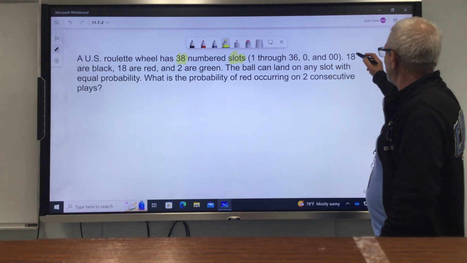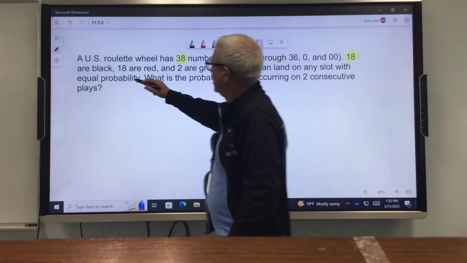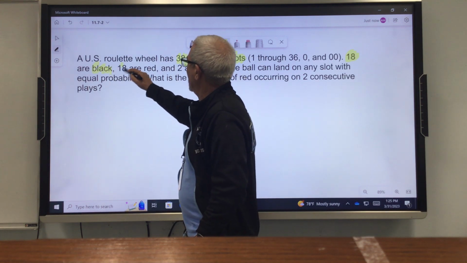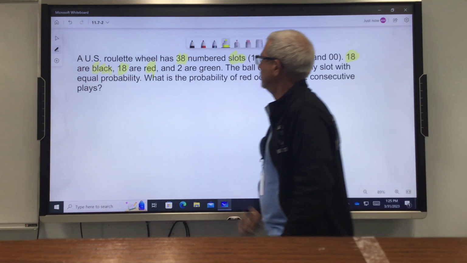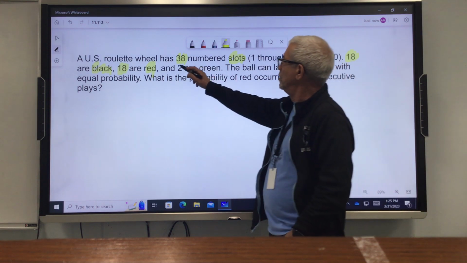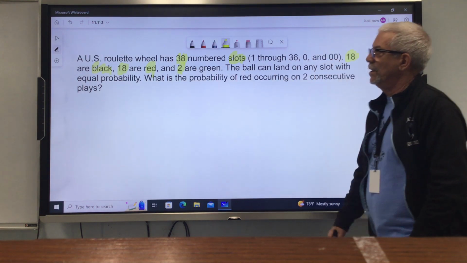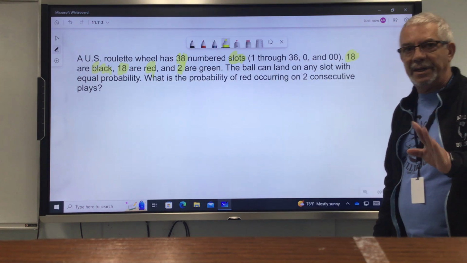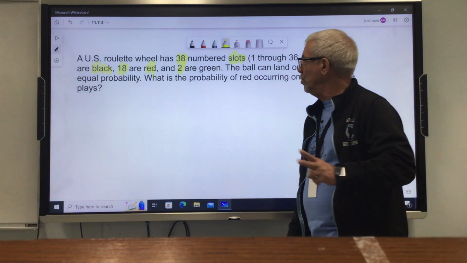From that, 18 are black, 18 are red and 2 are green.